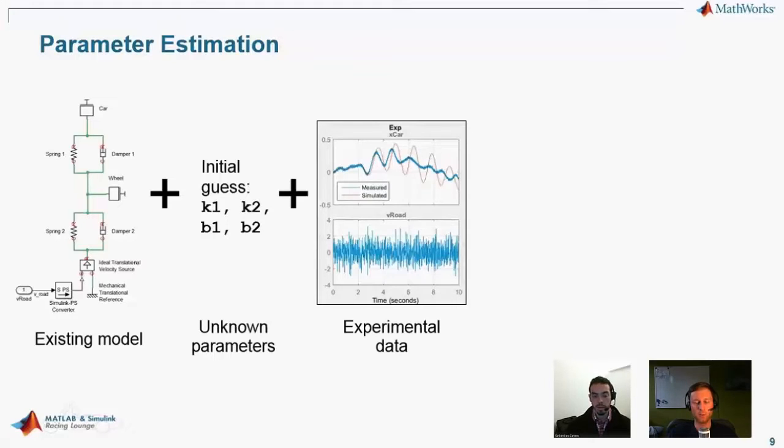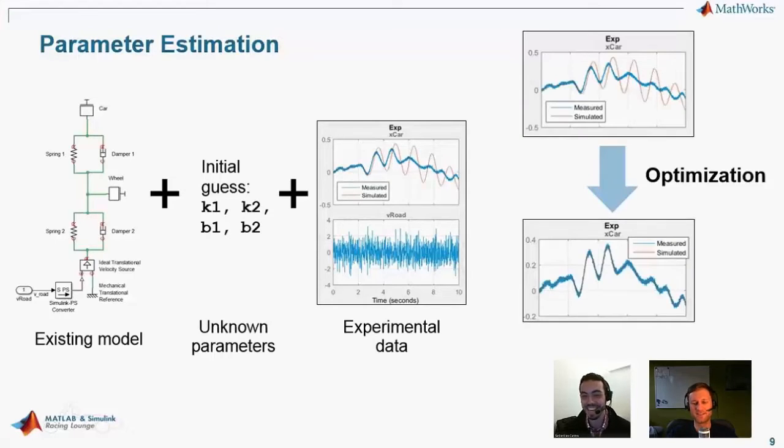Well, that technique seems a bit like optimization, right? Is optimization happening behind the scenes? Yeah, you've seen these slides before, so indeed it is optimization. What's happening here is you're simulating the model with some parameters. You're seeing how well the data is being matched, and if it doesn't match, then the tool will change the values of the parameters, simulate again, and hopefully converge to better results, like we see on the right there.